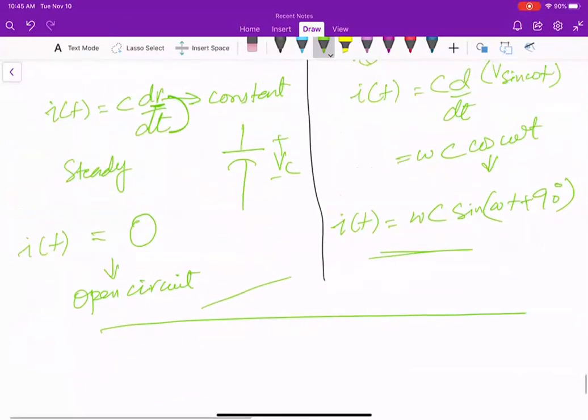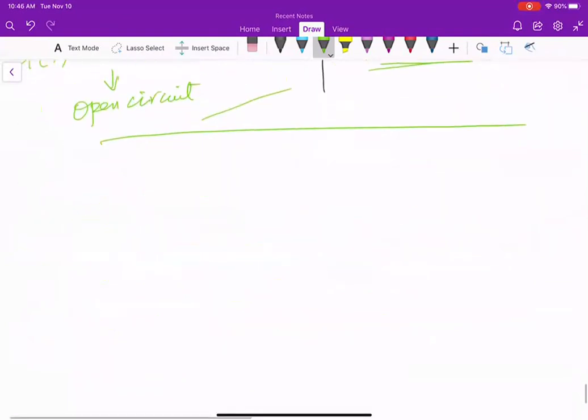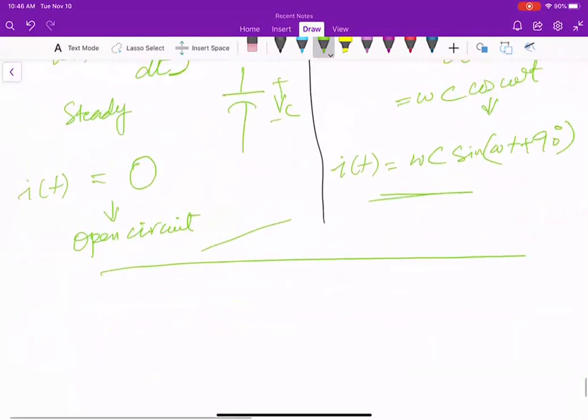So it's very important to realize that's why we were seeing all the time that the capacitor is not passing current in the DC state. Okay, so now I want to do an example, but I think we will do it next time.